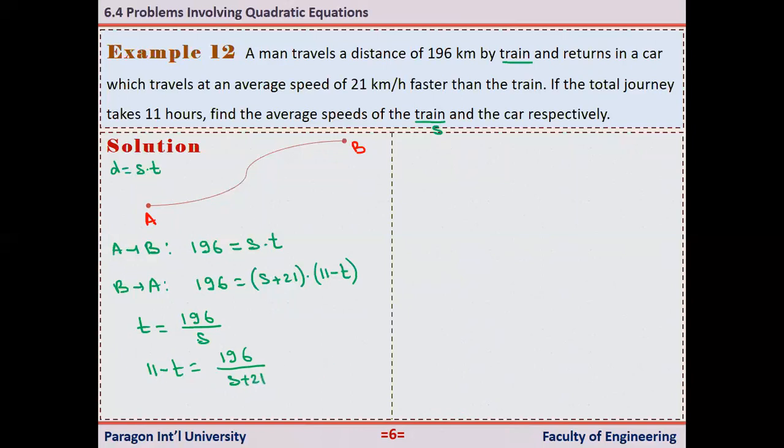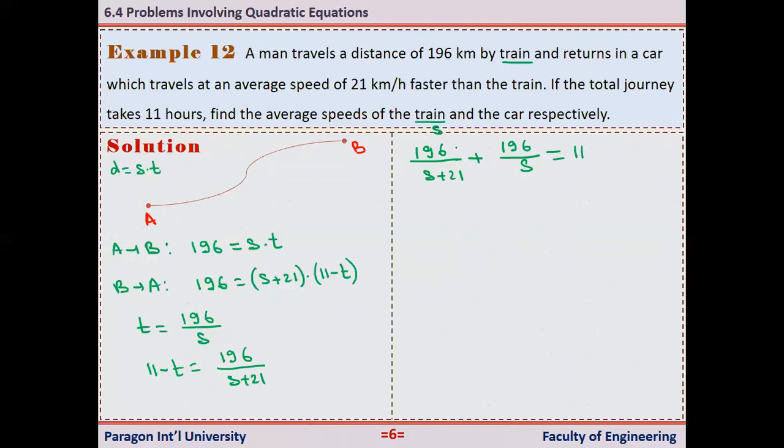We know the value of t in terms of s, and if we substitute here and take this to the right hand side, we will get this equation: 196 over s plus 21, plus t, which is 196 over s, is equal to 11.